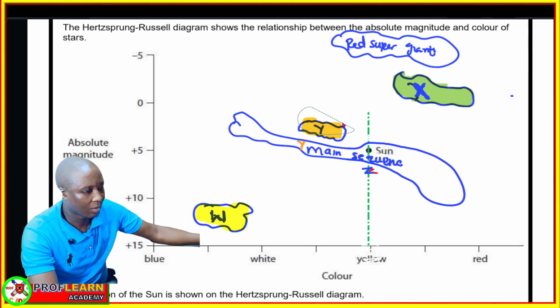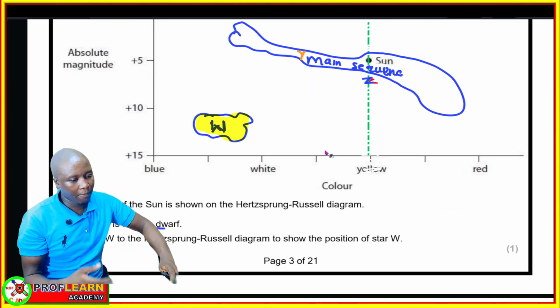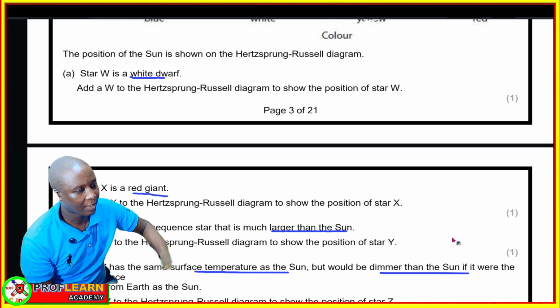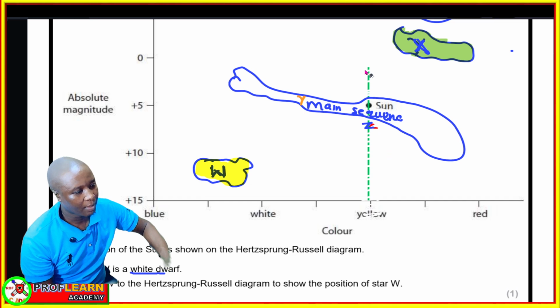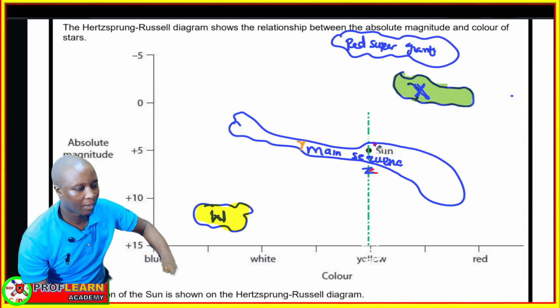Yeah, so Y will be here. And then we have Z, which has the same surface temperature as the sun, but is dimmer than the sun. So if it's dimmer, it will be in the same vertical line for surface temperature, but below, so that it's a bit dimmer.